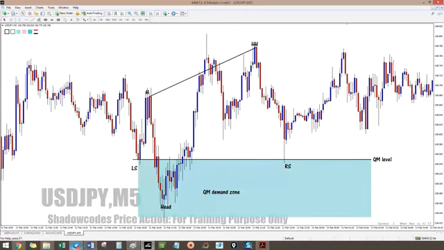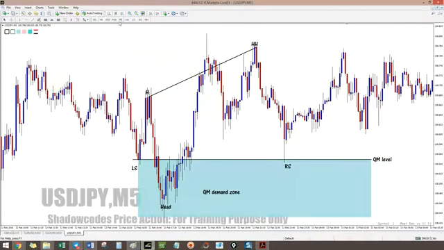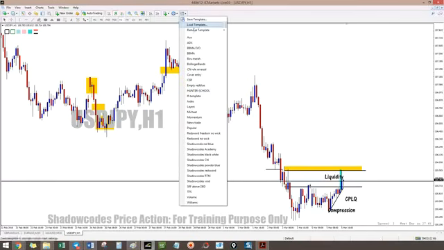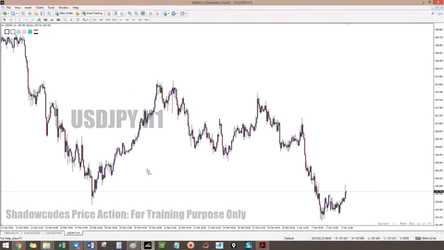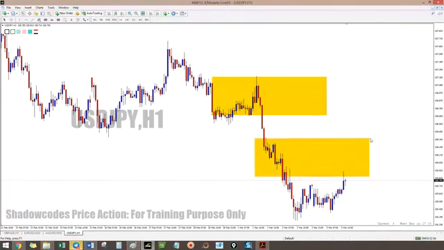What time frame is it? Which one? One or two.